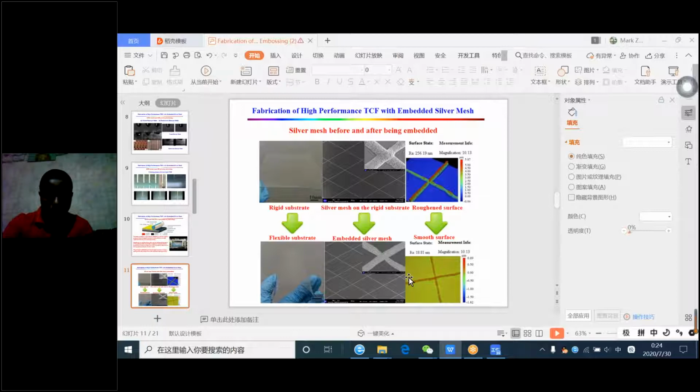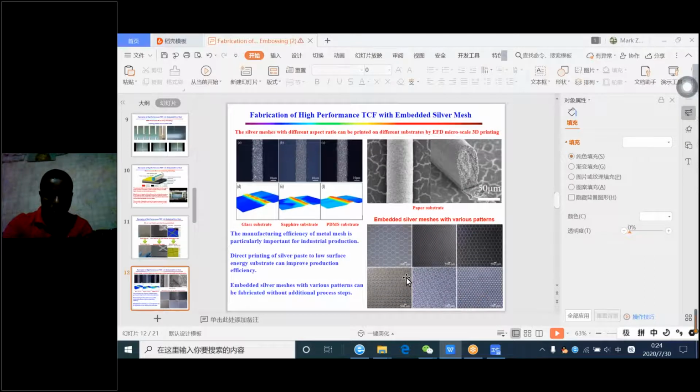Another advantage of our approach is that silver meshes with different aspect ratios can be printed on different substrates by EFD micro-scale 3D printing. The manufacturing efficiency of silver mesh is particularly important for industrial production. Direct printing of embedded silver meshes with various patterns can be fabricated without additional process steps.